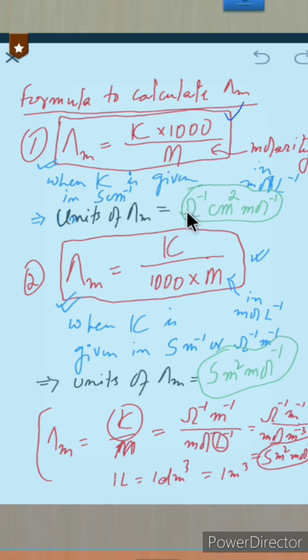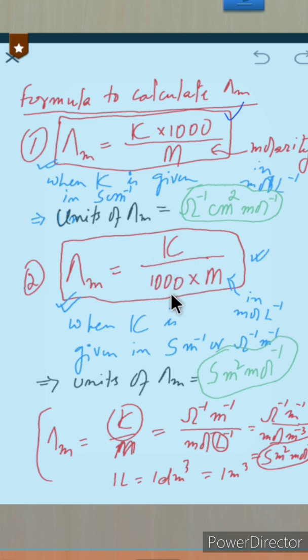Okay, so by using this formula, when we calculate the value of lambda m, the molar conductivity, its units will come out as per ohm centimeter square per mole. I'm explaining here how these units come. Another formula is this one.